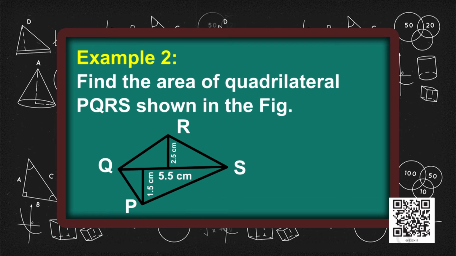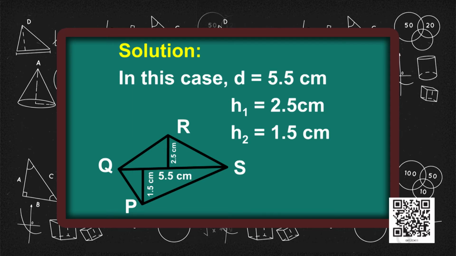Example 2. Find the area of quadrilateral PQRS shown in the figure. Did you observe what is given? Yes. One of the diagonals is given as 5.5 centimeter. The heights drawn to the diagonal are given as h1 is equal to 2.5 centimeter and h2 as 1.5 centimeter.